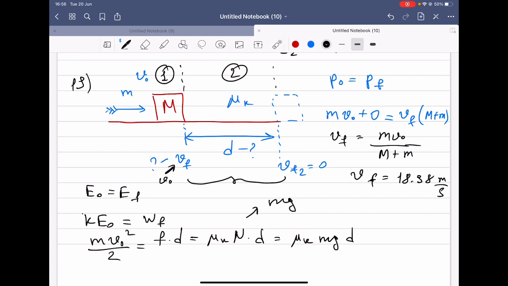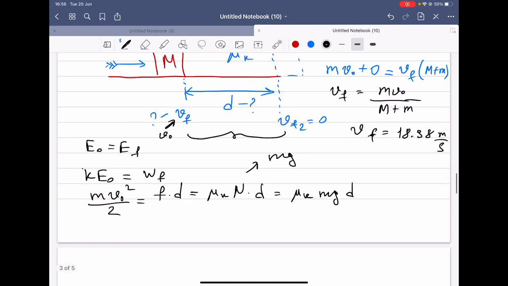So from there, finally your distance d will be equal to m v initial squared divided by 2 mu k m g. So m will cancel, and finally v initial squared divided by 2 mu k g.